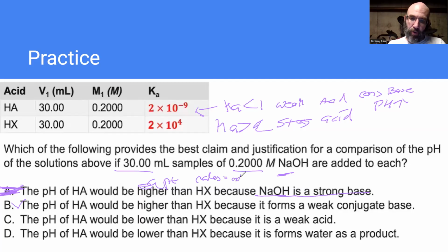Moles equal moles. So if it's a strong acid and strong base, at equivalence point, there's only water left over. Only water affects the pH. pH is 7, so C is no good. And then D, the pH of HA would be lower than HX because it forms water as a product. That's just a nonsense statement, so the answer is B.